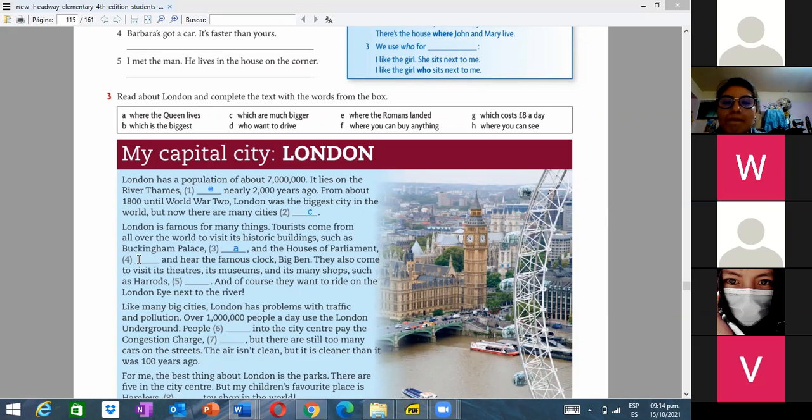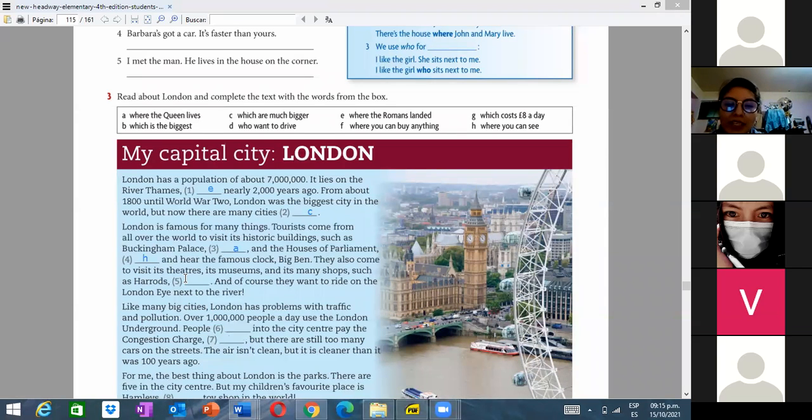H. Excellent. Very good. And here the famous clock Big Ben. They also come to visit its theaters, its museums, and its many shops, such as Harrods. Which one is the correct option? F. Very good. Excellent.